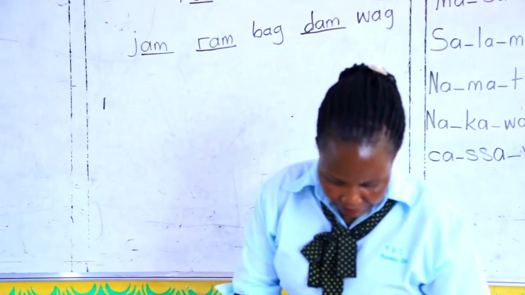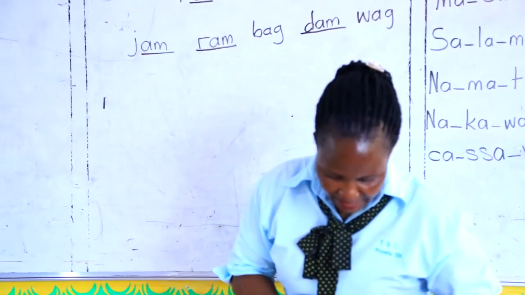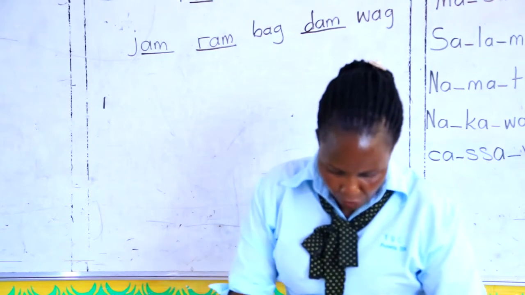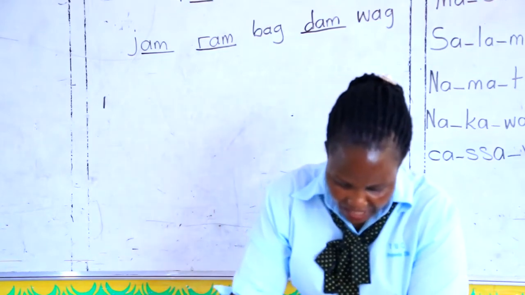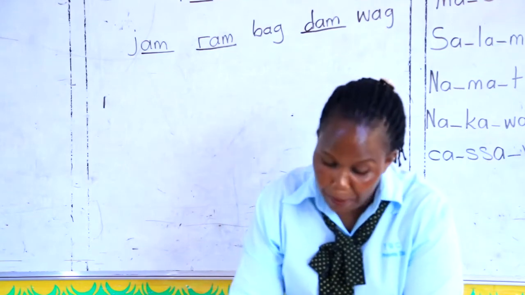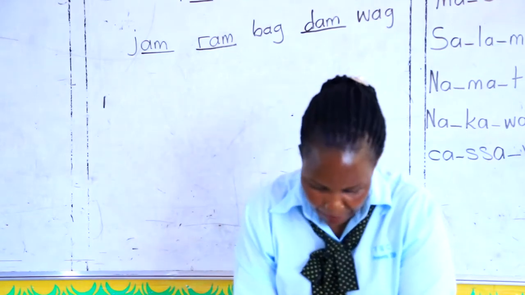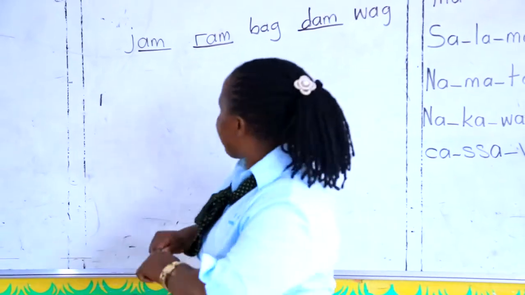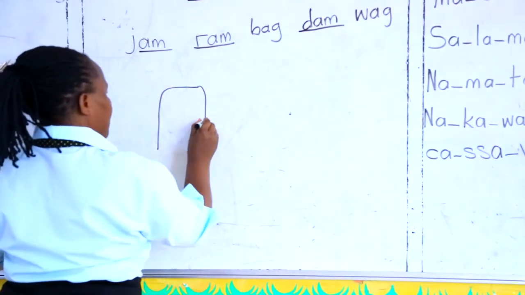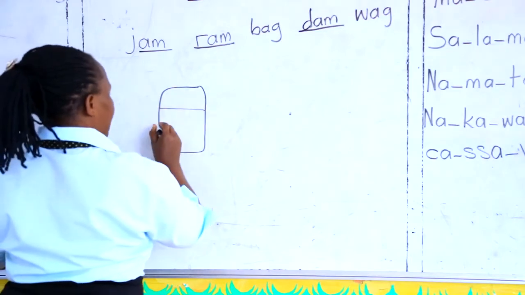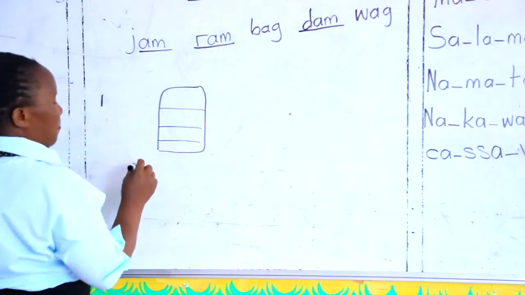There is a word, something which you might not understand. Do you see the bag? Go down after the bag. There is a picture. It is a writing pad. It's a what? A writing pad. Do you see it's like this? It has been drawn like this. It's a writing pad.